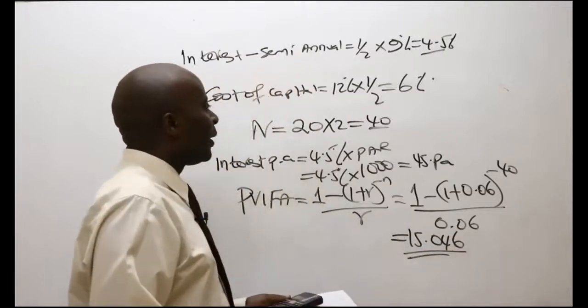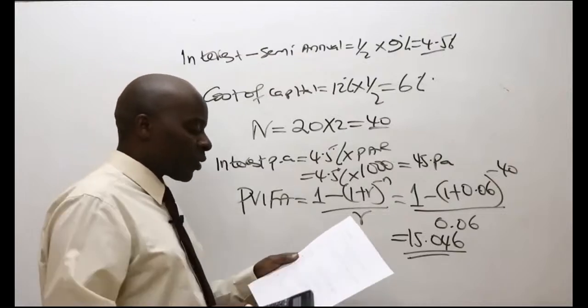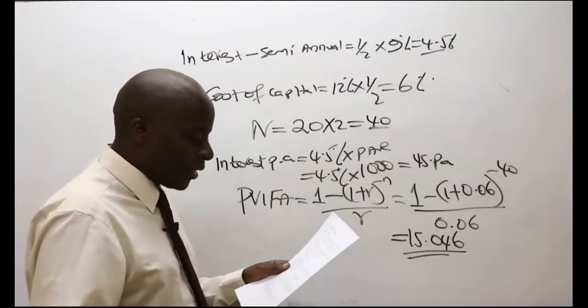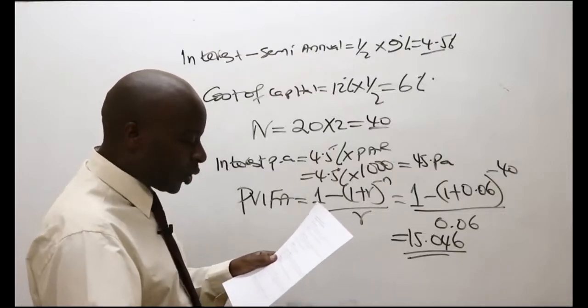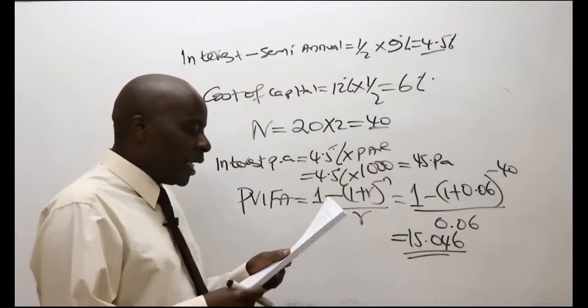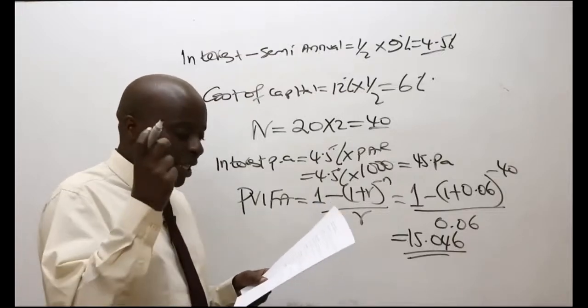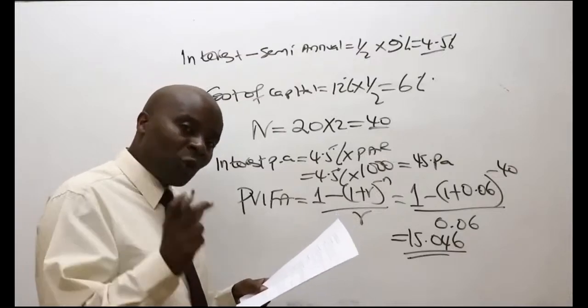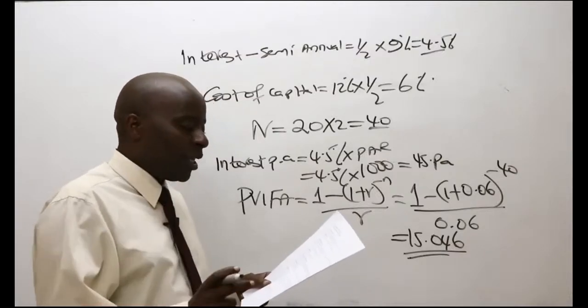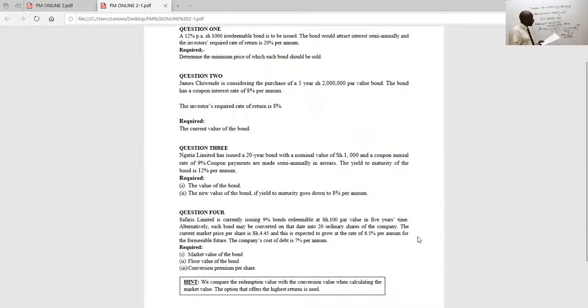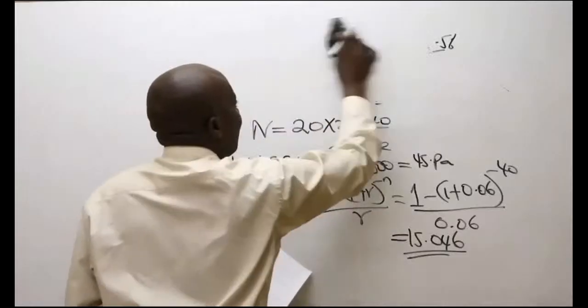The other thing that I know for sure here, ladies and gentlemen, is what we call the redemption value, because they have given us the maturity period, which is 20. So there is a redemption value. What do we have here?